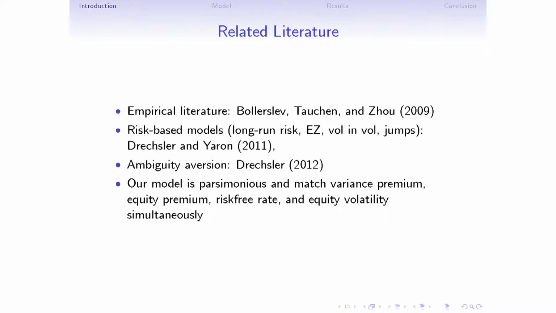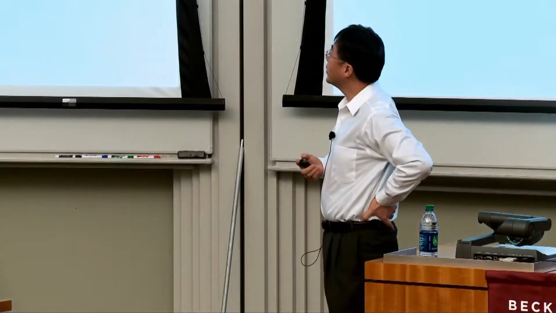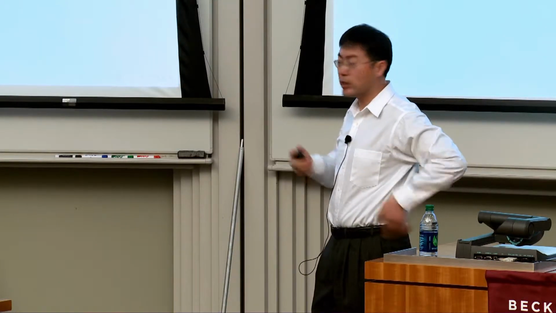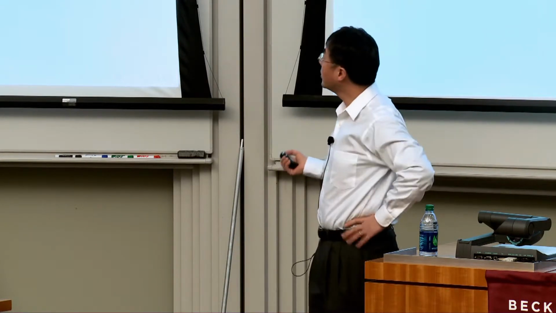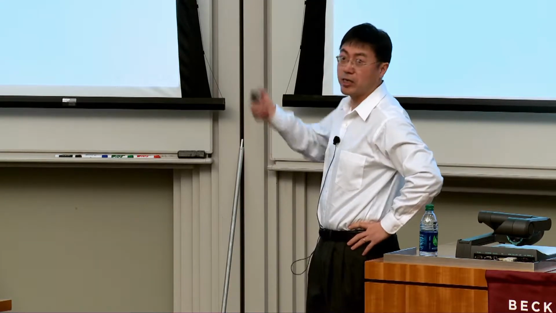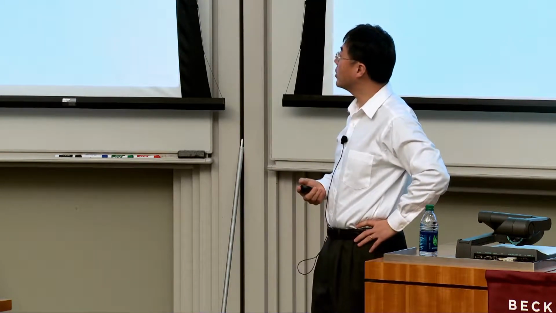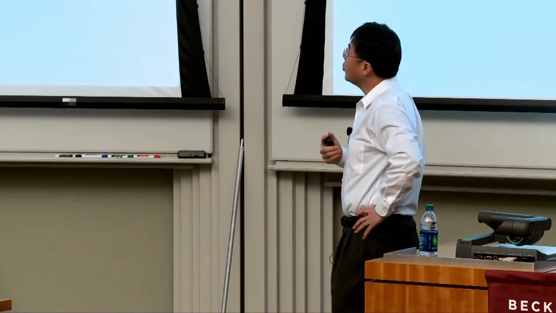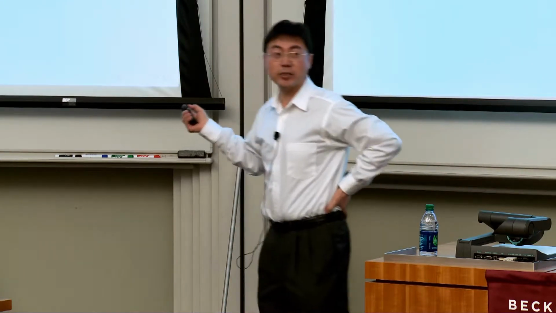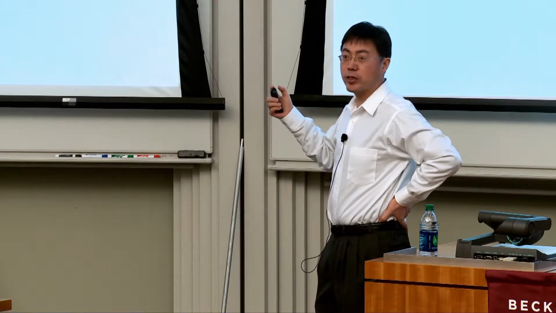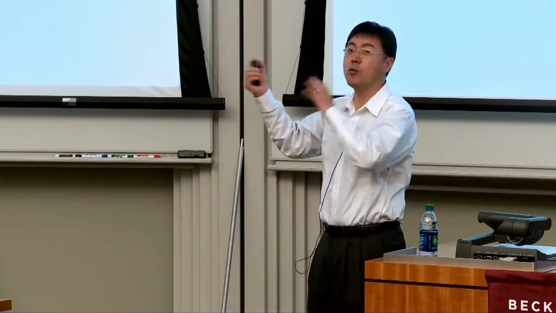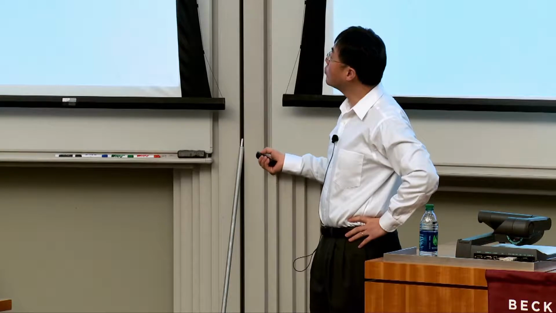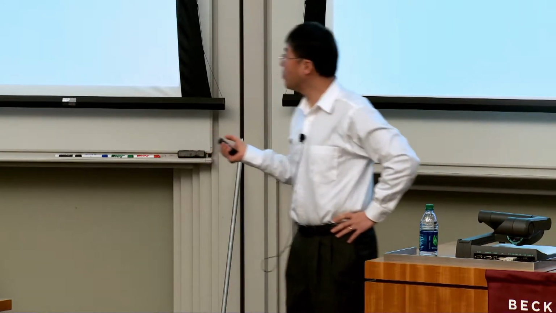There is also a recent paper by Drechsler, I think the first paper based on the ambiguity version to explain this puzzle. His model is also pretty complicated. He has many elements there, I think he also has jumps and many other things, to explain the variance premium. So our paper complements his study. We have some features in the model that he does not have, but our model is much simpler. We want to propose a parsimonious model.